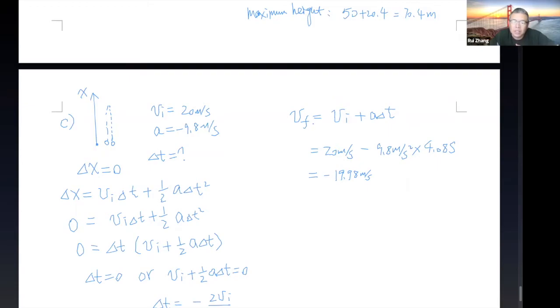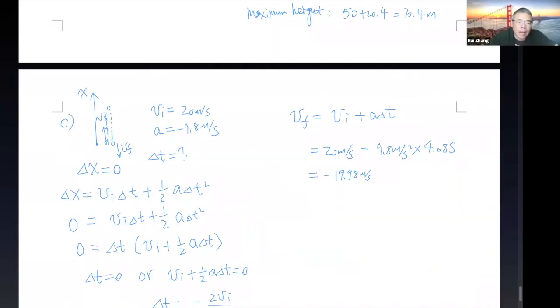So what you see here is that the final velocity, when it goes back to the same height, has the same magnitude as the initial velocity, 20. It's just going in a different direction. So you have VI going up and VF going down, and they have the same magnitude, just opposite direction. So again, this motion is symmetric.